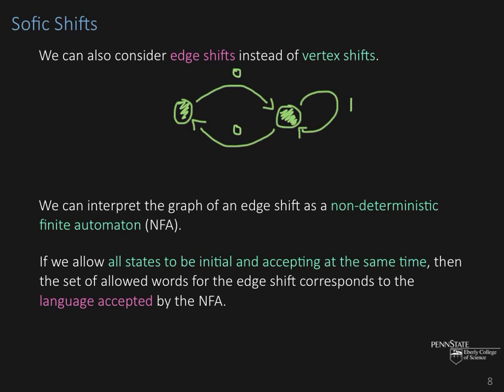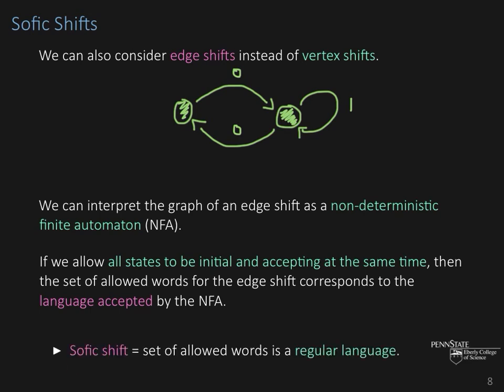But if we assume now that every state is initial and accepting at the same time, then the set of allowed words for the edge shift corresponds just to the language accepted by this non-deterministic finite automaton, because that's just the set of paths through this automaton.